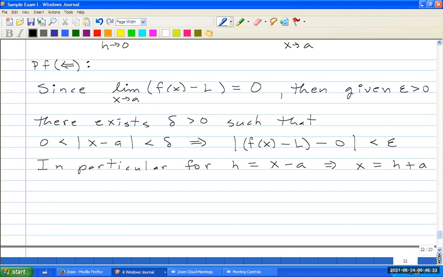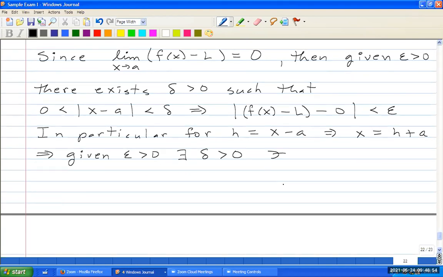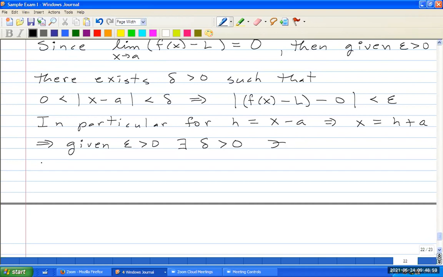And so this says that given epsilon greater than 0, there exists a delta greater than 0 such that, well, 0 is less than or equal to h is less than delta implies that 0 is less than h plus a minus a.